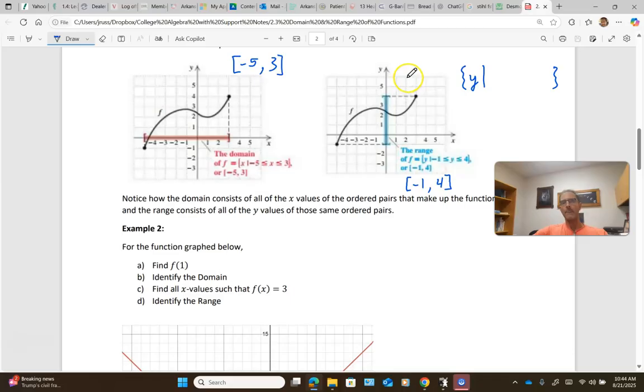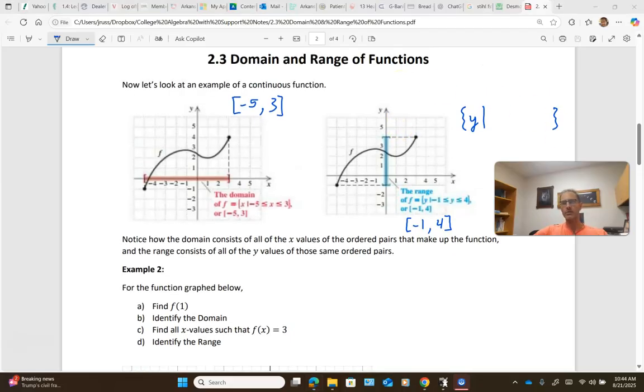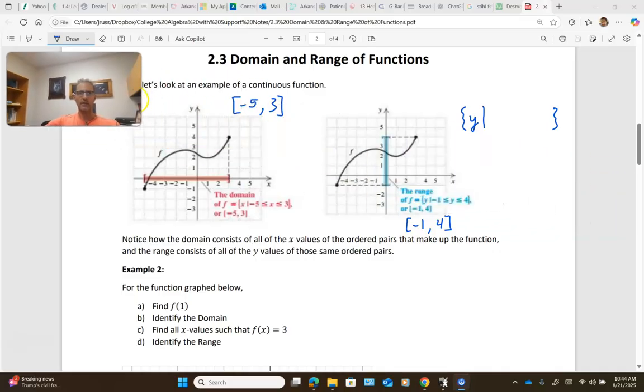So when we have these infinite sets, there are 2 ways that we can use to describe that infinite set of numbers. This way is called set builder notation, and the book tends to prefer set builder notation.